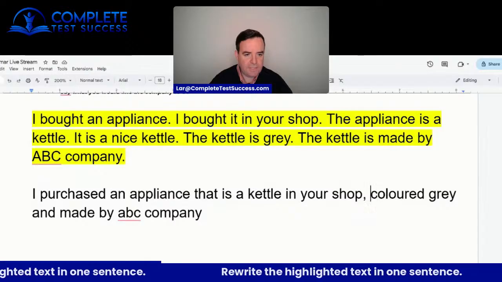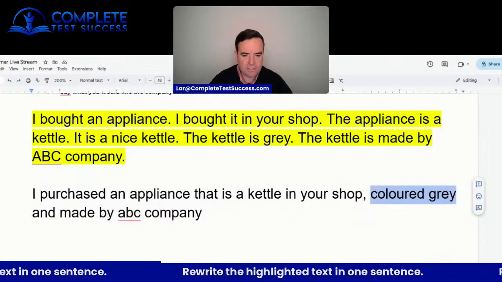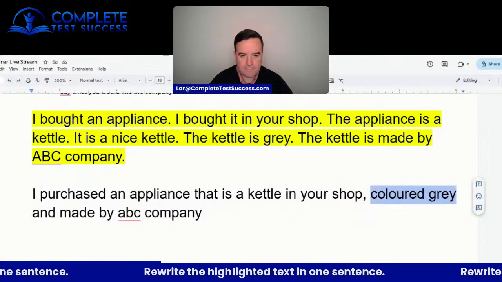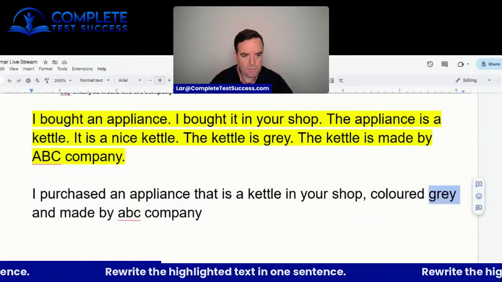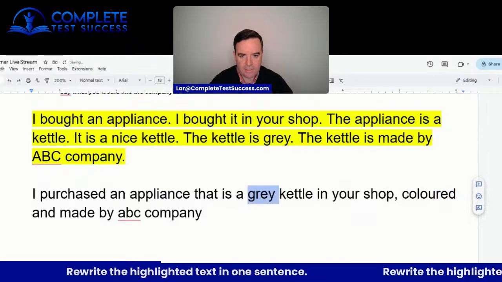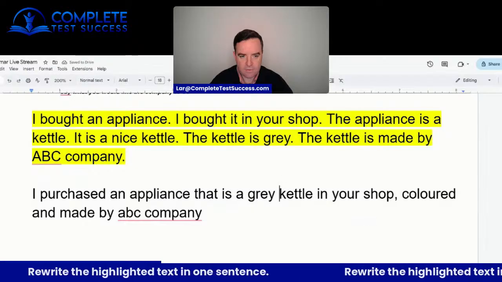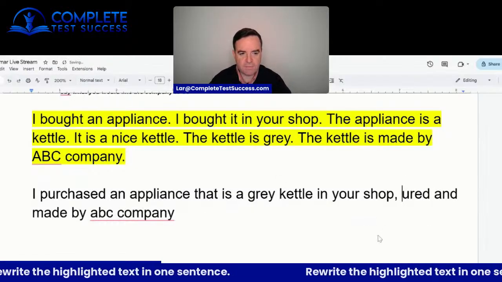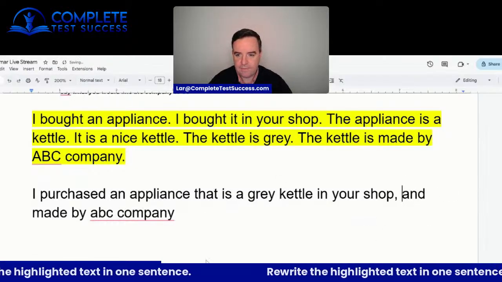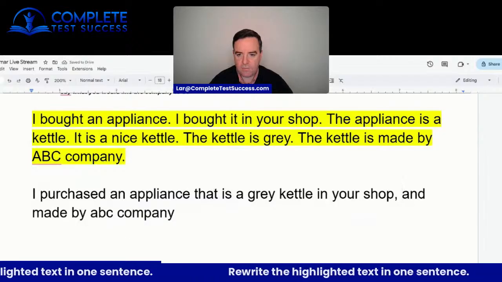Oh, so we need that colored gray next to the description of the kettle. More likely, we're just going to say a gray kettle rather than putting that information somewhere else. More logically, that's going to go there. And made by ABC company.